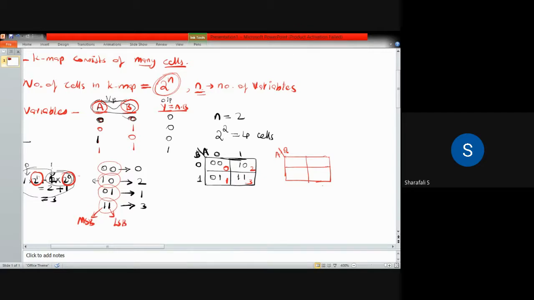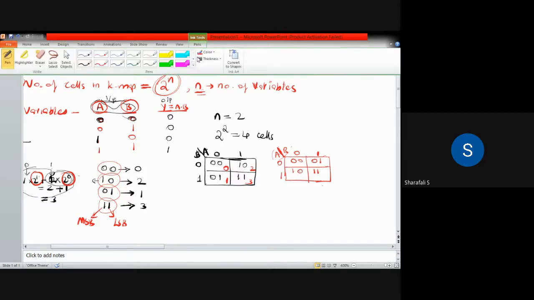So you can change the most significant and least significant bits to above or below this line. It will not change your result. So in this case, if you consider B here, A here, we will have here 0, 0, here 0, 1, and here 1, 0, and here 1, 1, if you represent AB.